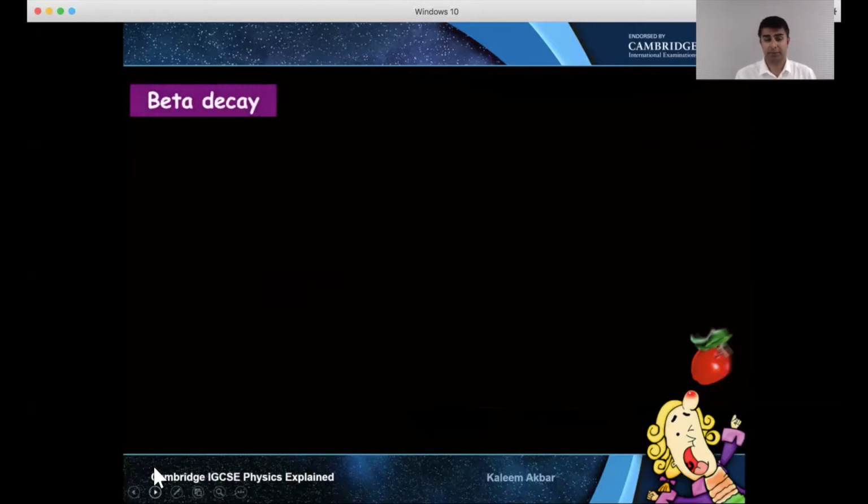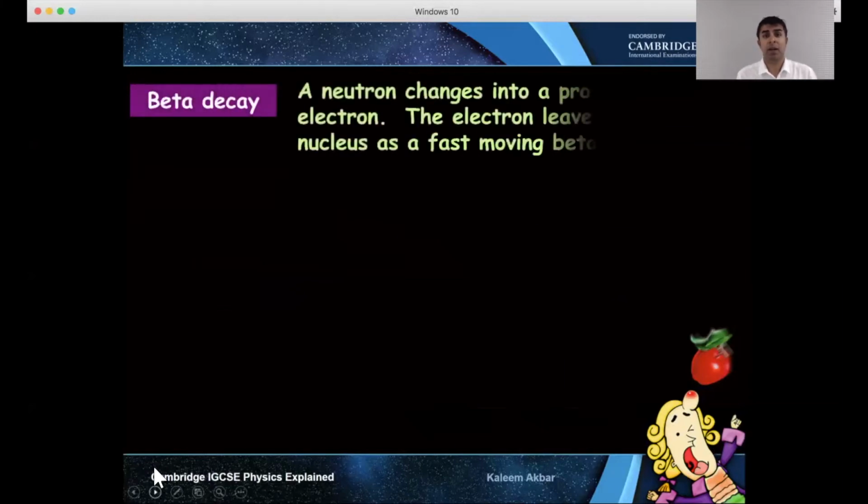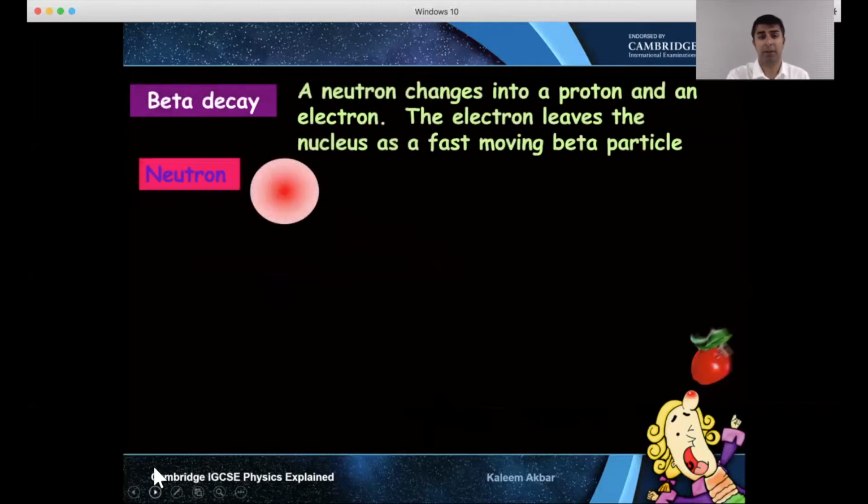Beta decay. A neutron changes into a proton and an electron. The electron leaves the nucleus as a fast-moving beta particle. So this is one that students find a little harder to understand. I've said before that in the nucleus there is no electrons, and that still remains the case.